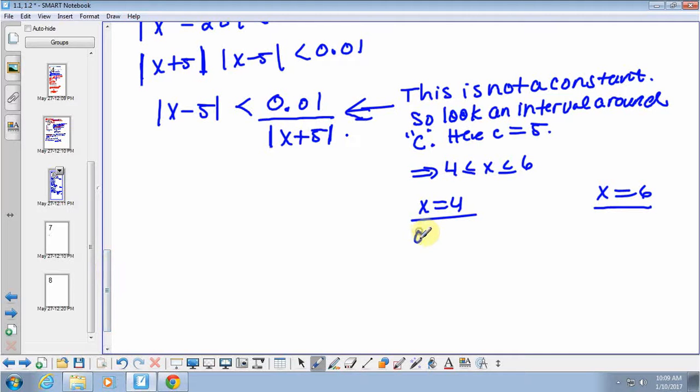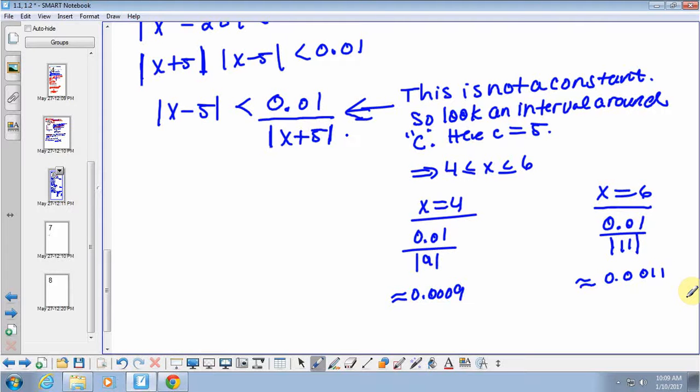So 0.01 divided by what? Absolute value of 9. That's about 0.0009. And then we're going to look at 0.01 divided by the absolute value of 11. I don't have that value, but I would assume it's 0.011 maybe.